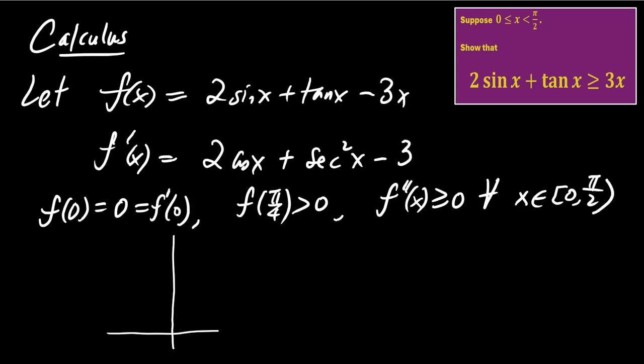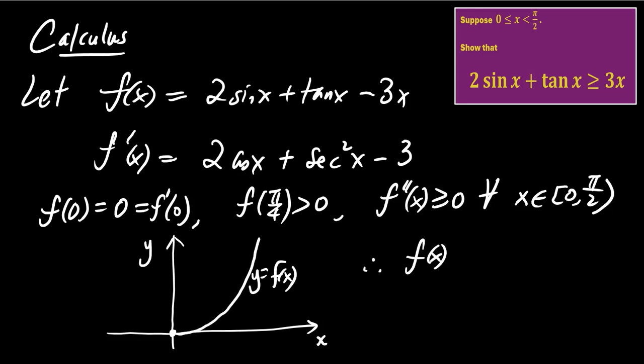This shows that the graph of f(x) is concave upward and it is always positive. Hence, f(x) is always greater than or equal to 0. And therefore, 2 sine x plus tangent x is greater than or equal to 3x, as we wished.